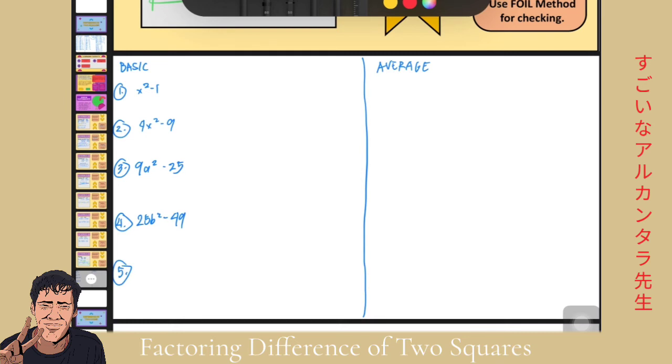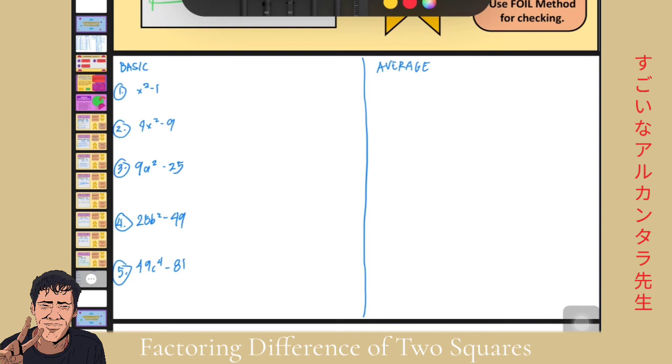Number 5, we can also have, let's say, 49c raised to 4 minus 81. So the good thing about this one is we haven't discussed this, and you may try it on your own while I'm writing down the items.